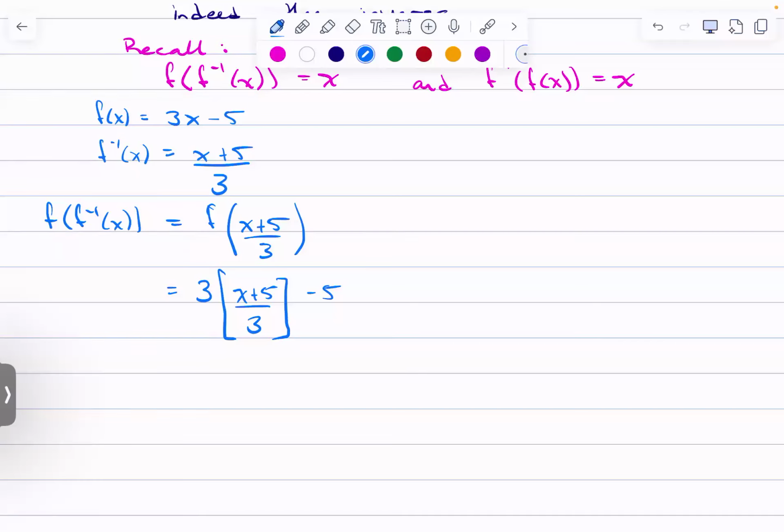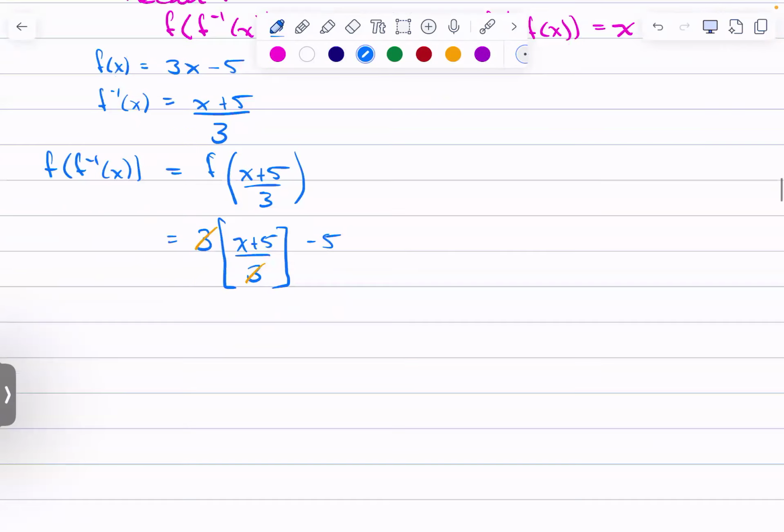Then I'm left with x plus 5 minus 5. Ka-ching. So I'll start by canceling this 3 over 3. Then I'm left with x plus 5 minus 5, which is x. That's always really satisfying, right? When you can get back to your x, even if the function composition is quite complicated, in the end, things will cancel out and you'll end up at x.